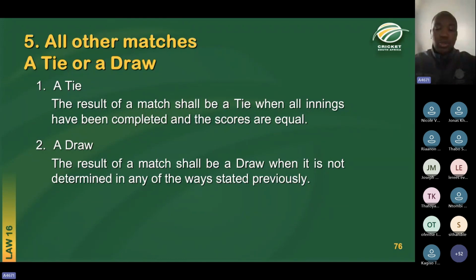We normally get draws in 4-day provincial matches as well as test matches when the side bowling second cannot get all 10 wickets of the side batting second, and the side batting second cannot reach the target inside of the 5th day's play. So that is a broader definition of a drawn cricket match.